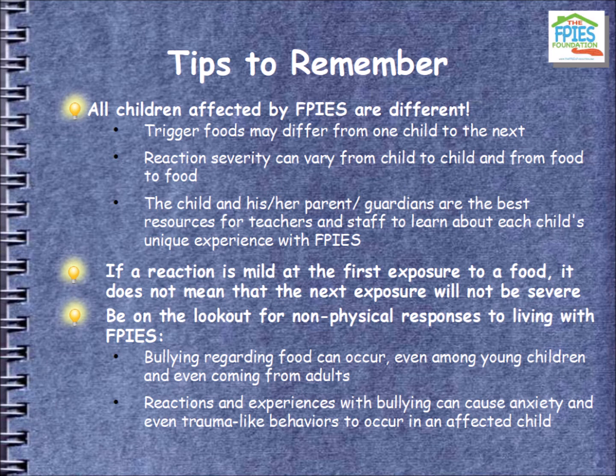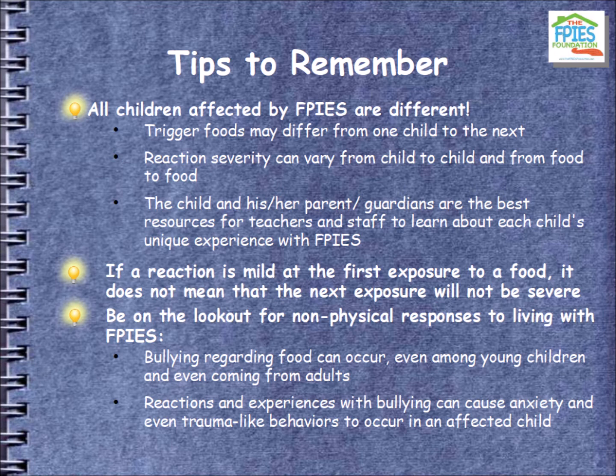The other thing to mention is that reactions can change from exposure to exposure. They may not, but they can. So even though a child does have a history of a chronic reaction with one food, it doesn't mean that every exposure is going to produce a chronic reaction. Another exposure could produce an acute reaction.